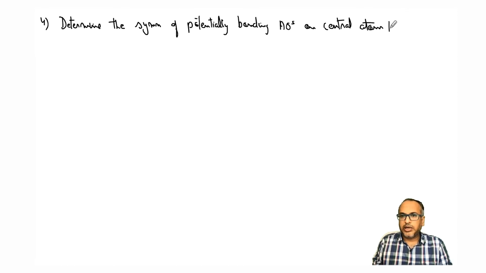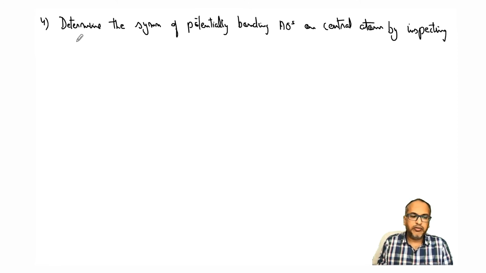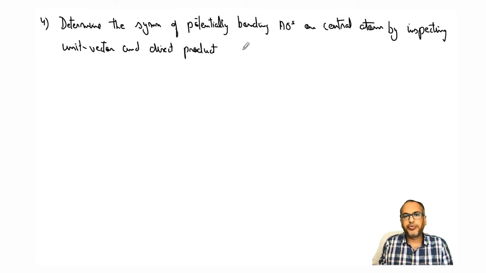And this is done by inspecting unit vector and direct product transformations.